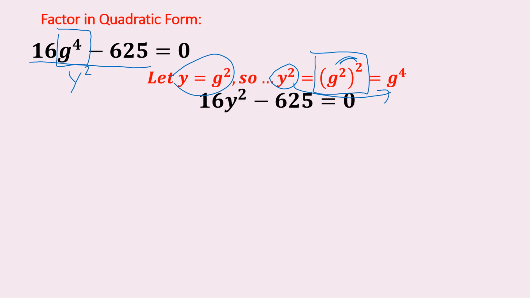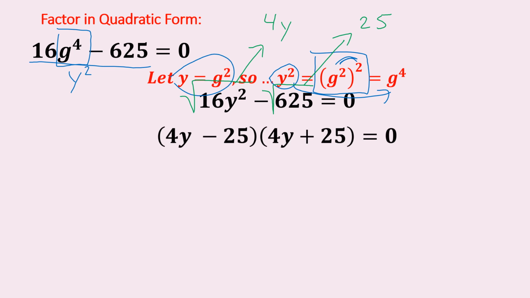So this would look like 16y squared minus 625. This is now a difference of squares problem. We have two things separated by a minus sign. They both happen to be perfect squares. The square root of 16y squared is 4y, and the square root of 625 is 25.